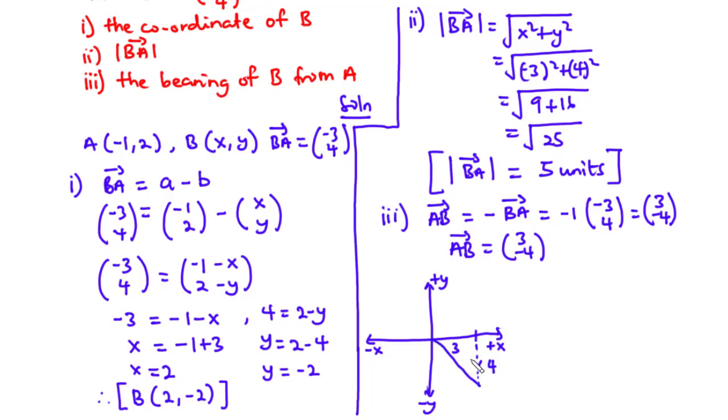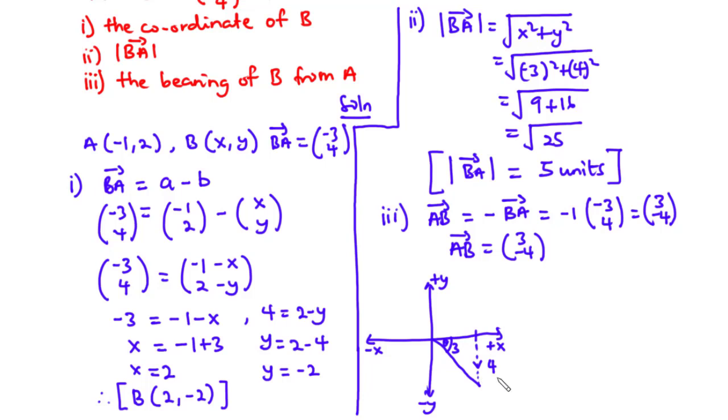We always focus on the angle theta, which is the angle the vector makes with the x-axis, depending on the quadrant, whether the positive x-axis or the negative x-axis. This is in the 4th quadrant, so it makes an angle theta with the positive x-axis.